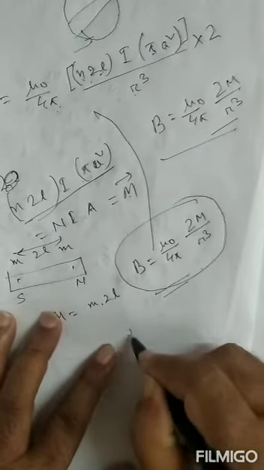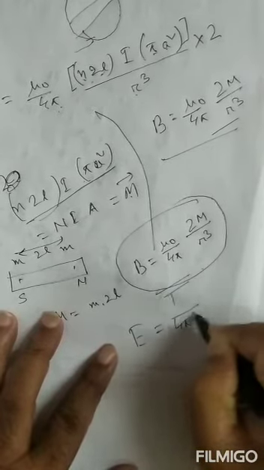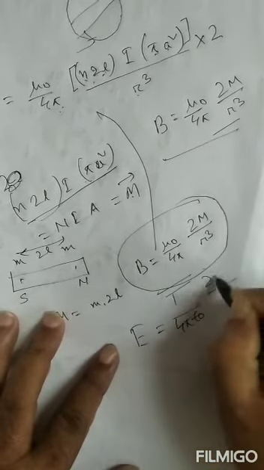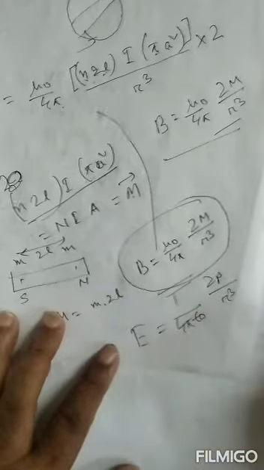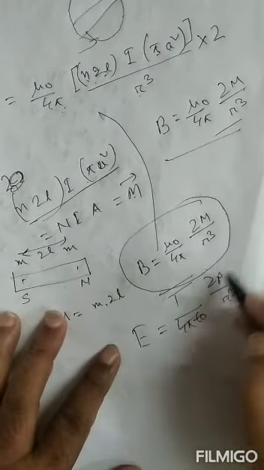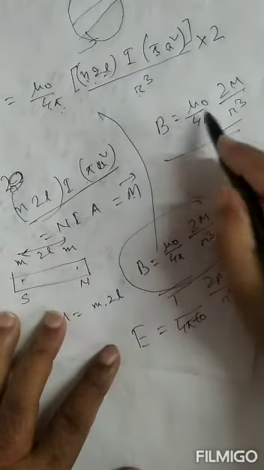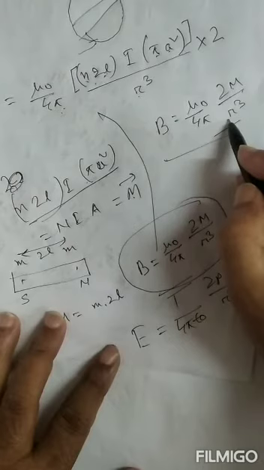Or we may write the electric field intensity at an axial point of an electric dipole also, twice P by R cube. Here P is the electric dipole moment, here M is the magnetic dipole moment. Small r is the axial distance from the center of the solenoid.